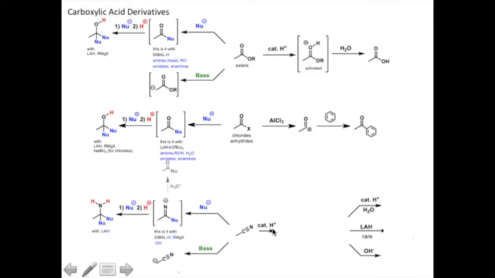Now when H+ activates the nitrile and then water adds to the activated nitrile, after all the rearrangements, you get an amide. If we want to bring an amide back to a nitrile, we need a reagent that can suck water, H2O, away from this molecule. These reagents are thionyl chloride and phosphorus oxide, P2O5. Either one of them will be enough to convert an amide back into the nitrile.